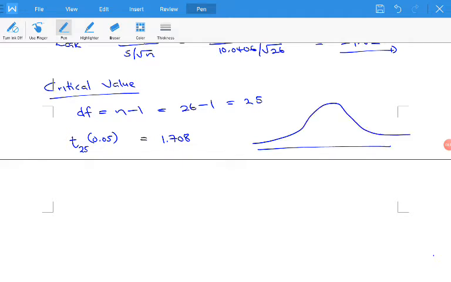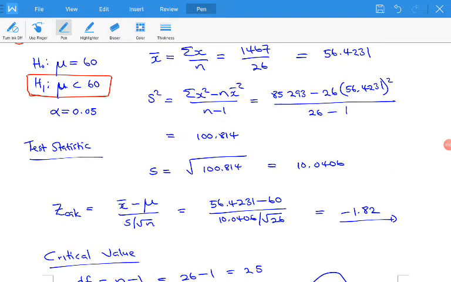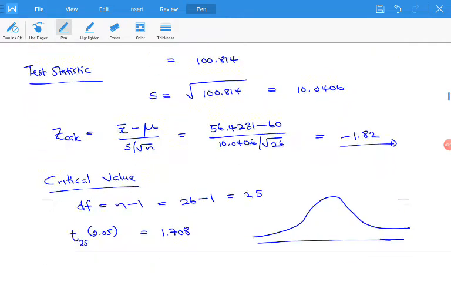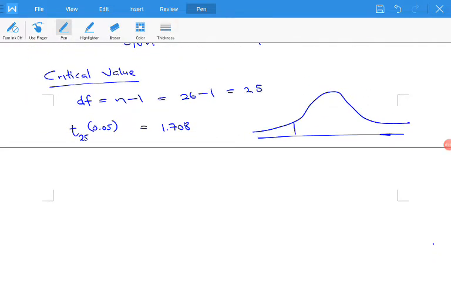If I draw my t distribution, because I'm having a less than sign here, my rejection region will be on this side. So here I'll have negative 1.708.